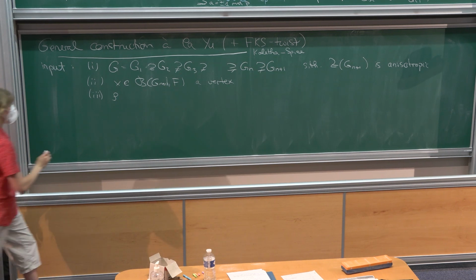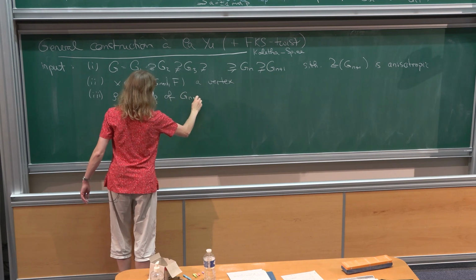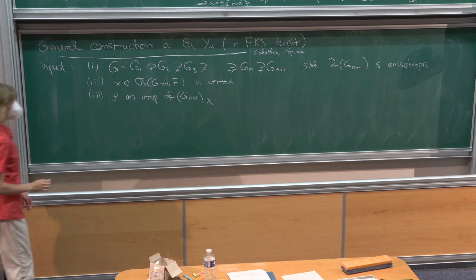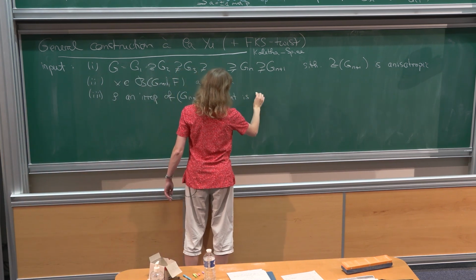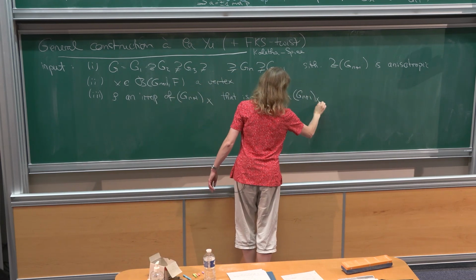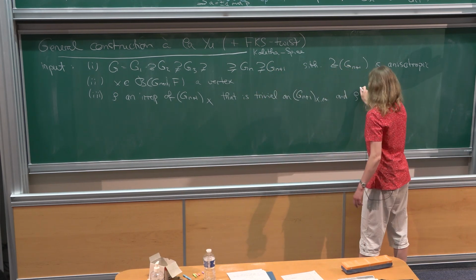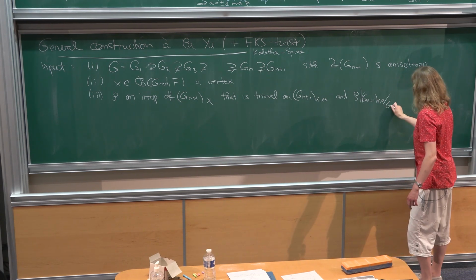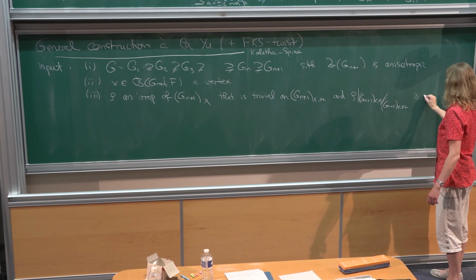So we take rho, an irreducible representation of the stabilizer of x in Gn plus 1, that is trivial on Gn plus 1 x0 plus, and the restriction to Gn plus 1 x comma 0 mod Gn plus 1 x0 plus, our reductive group, is cuspidal.